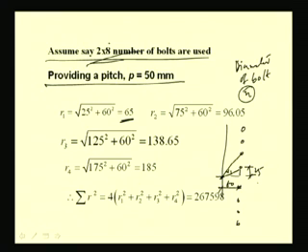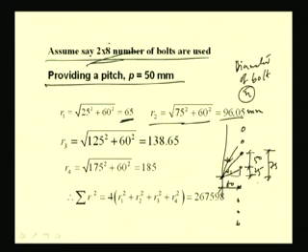Similarly, R2 can be made 25 plus 50, as pitch has been considered as 50. So, this will become 75. So, root over 75 square plus 60 square will become R2, which is coming 96.05 millimeter.